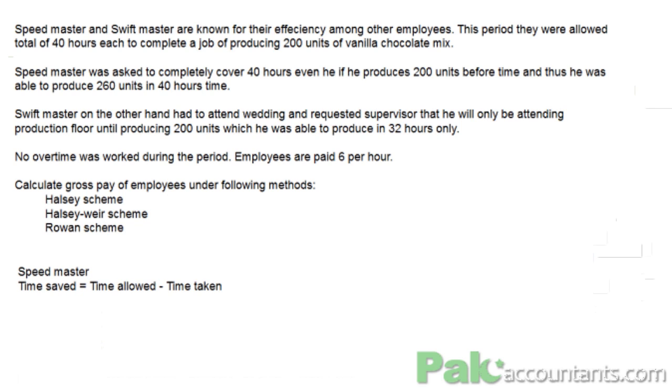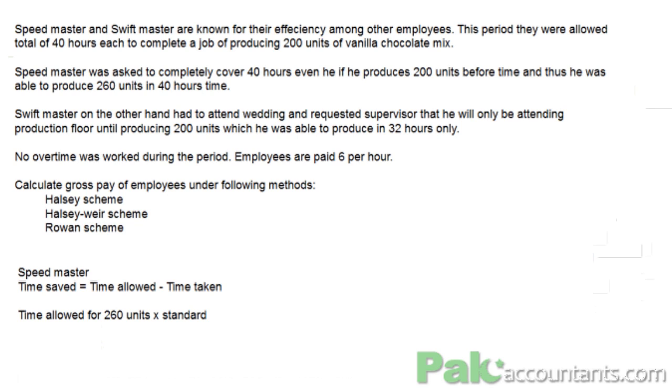Now, in order to calculate the time allowed for 260 units, because that is what the actual output was, we need to know how much time was actually allowed on the basis of the standard. The standard was to produce 200 units in 40 hours.